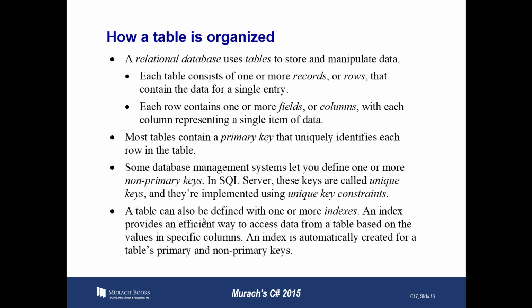Tables can also be defined with indexes. An index is used basically internally by the database so that when you're looking up data, the system can find it faster. Now, when you create a primary key, that field is automatically indexed. When you create unique constraints in most database management systems, the unique constraint fields are also indexed.